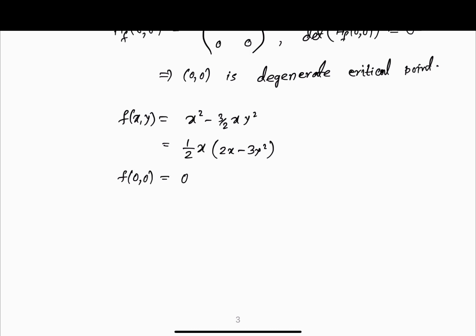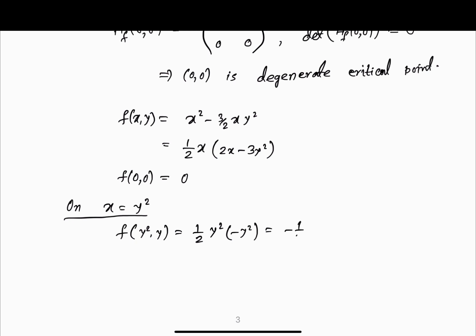So if we take this parabola, suppose x equals y², then what will happen? Then f(y², y²) will be (1/2)y², and if you put x equals y², you will get −y², right?